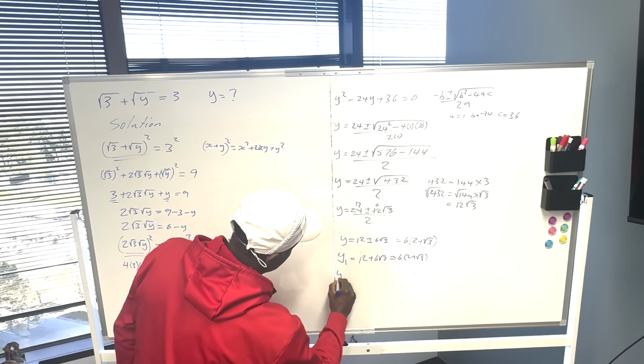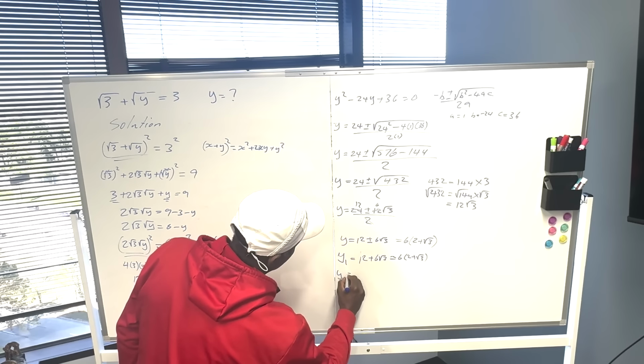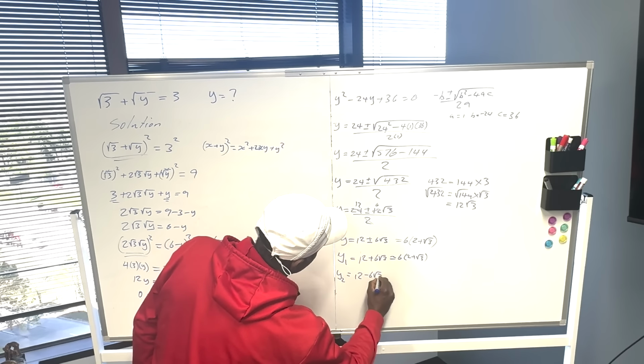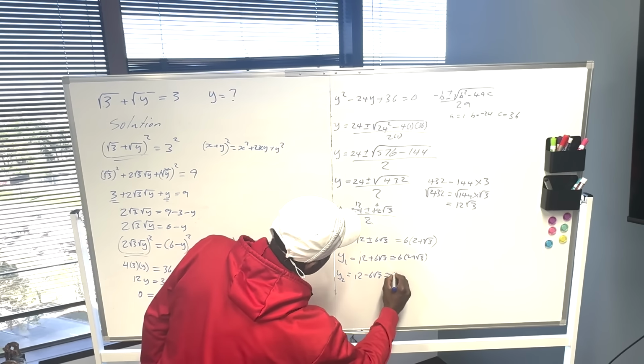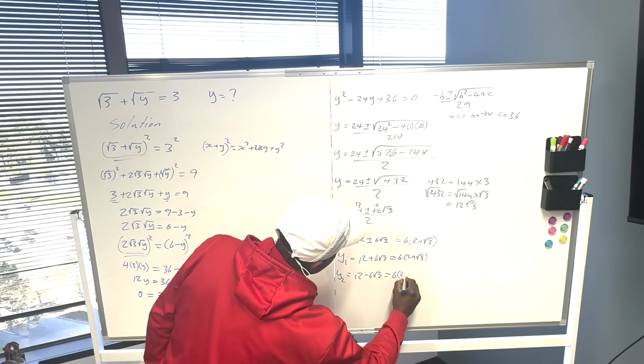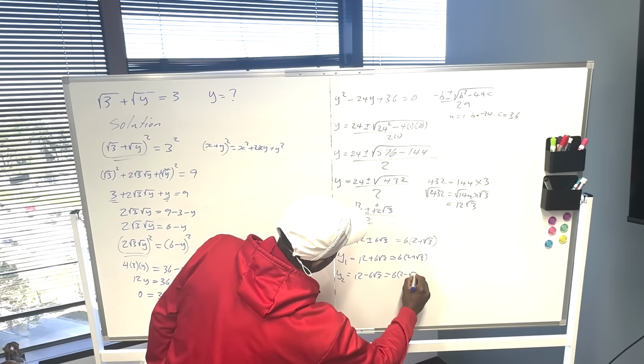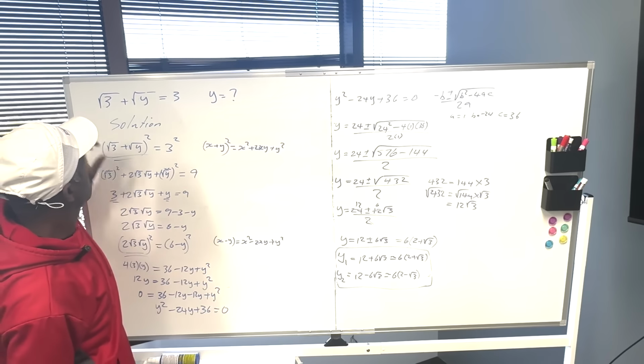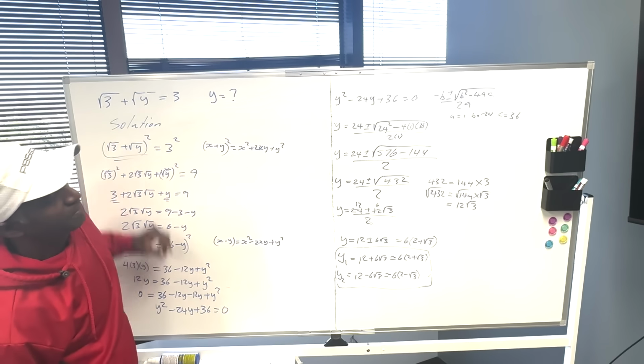And y2 is equal to 12 minus 6 square root of 3, which is the same as 6 times (2 minus square root of 3). These two values are the possible solutions to this problem.